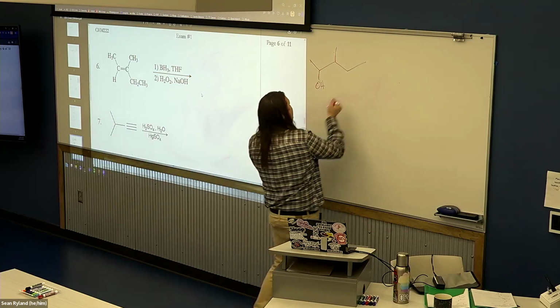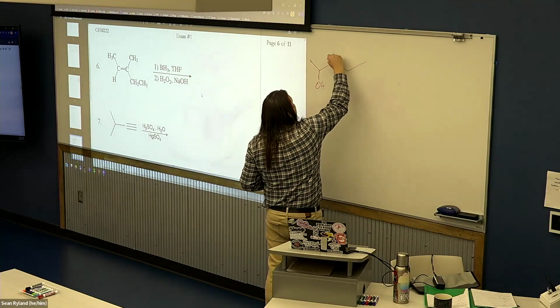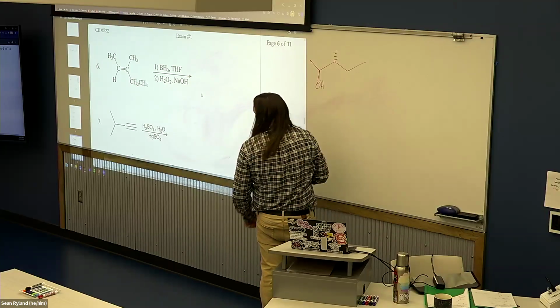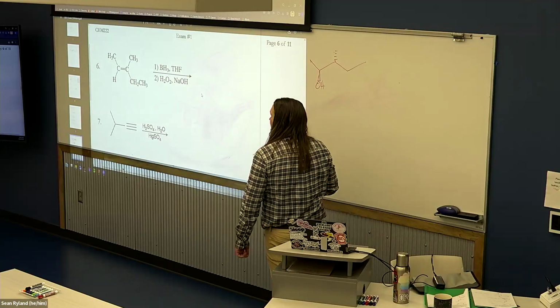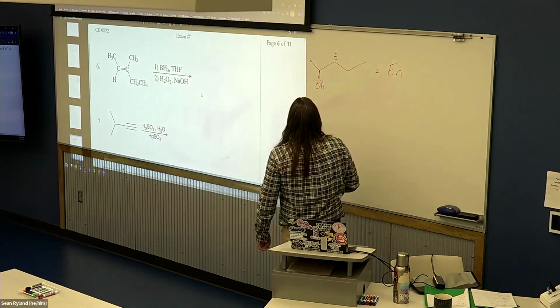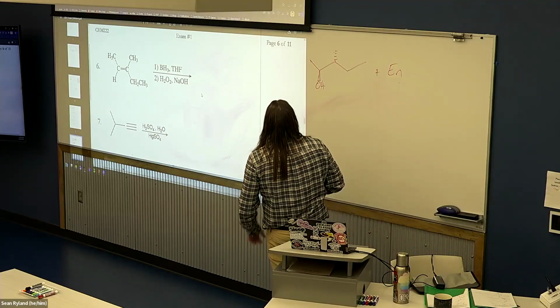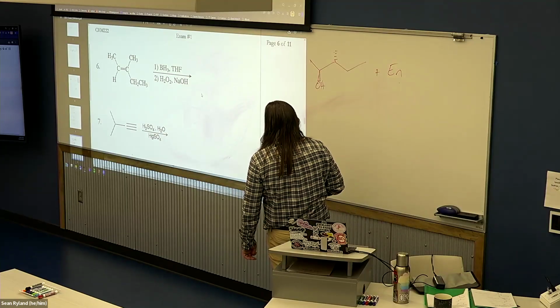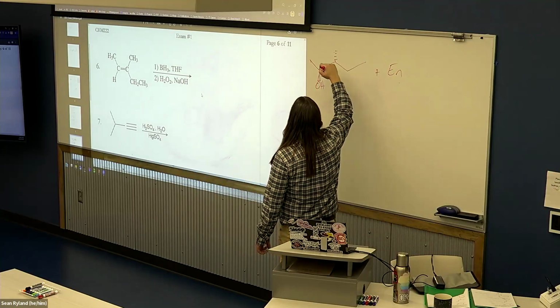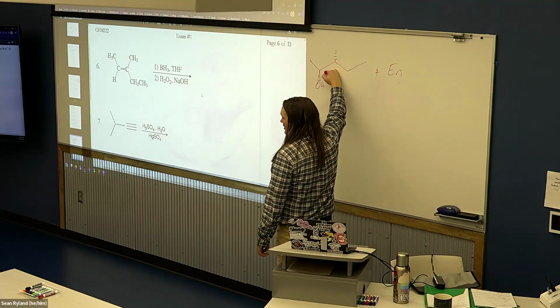So if the methyl group is down, OH is up, plus the enantiomer. Right, so it has to be syn addition, which means the anti product.